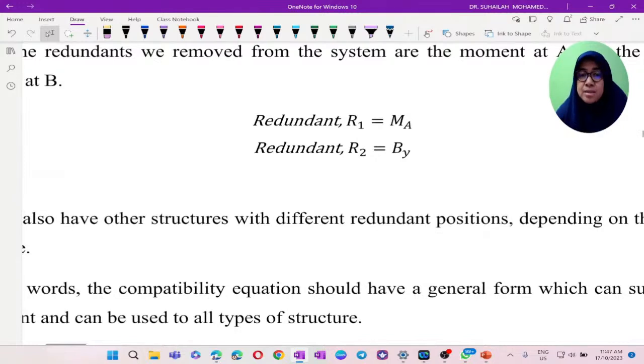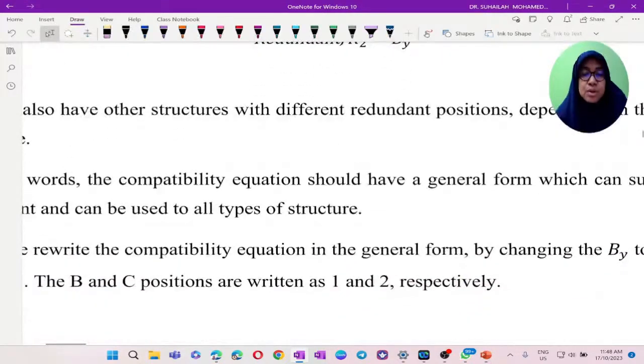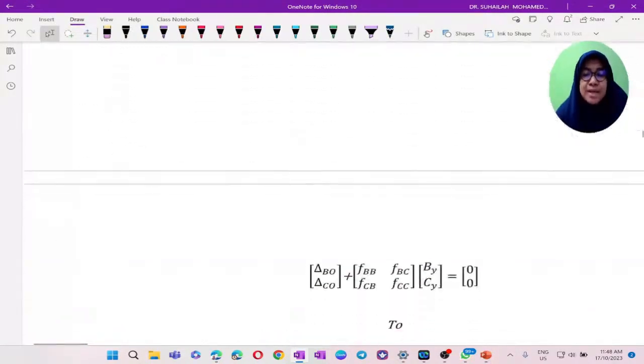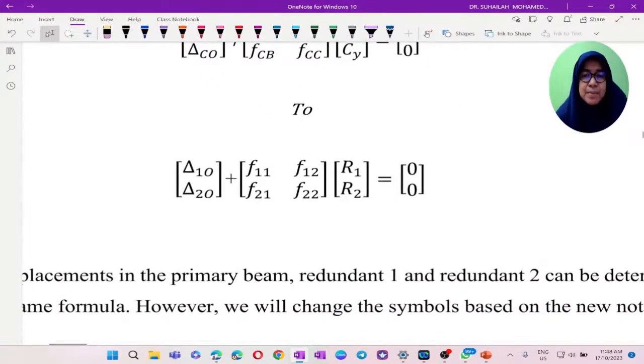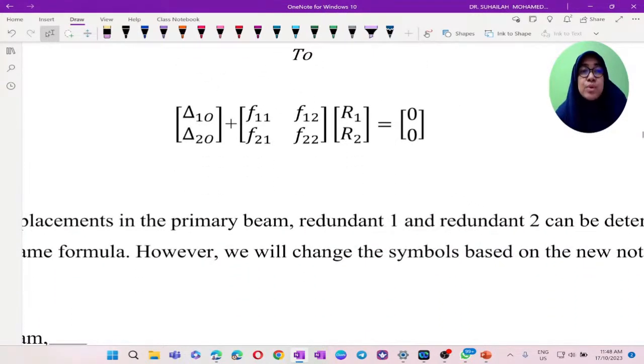Instead of using ABC, we change to number one for the first redundant, and same goes to redundant number two, which we label as two. So what we get is the standard form of compatibility equation, we write like this, and you have to remember this. F is flexibility coefficient.